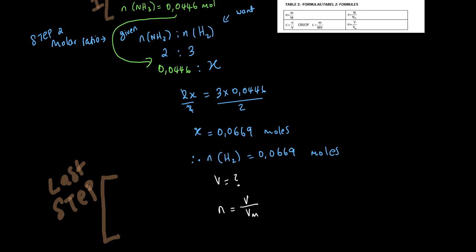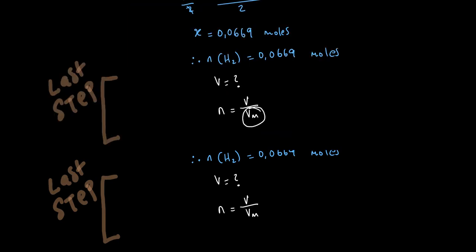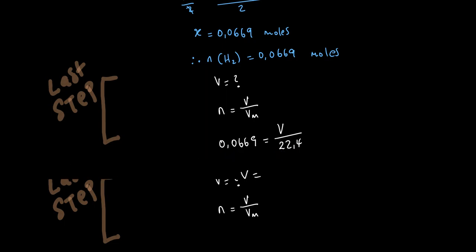Because you have Vm because it's at STP, and then you are looking for volume, and then you now have the number of moles there. Then you are fine. You are just substituting the number of moles for hydrogen. It's 0.0669. Its volume you don't know, but you know that the molar volume is 22.4. So you cross multiply, and the volume will be 0.0669 multiplied by 22.4.